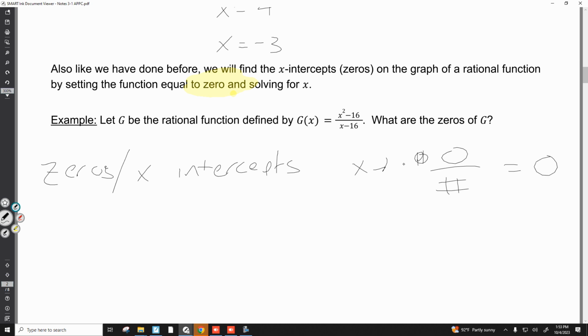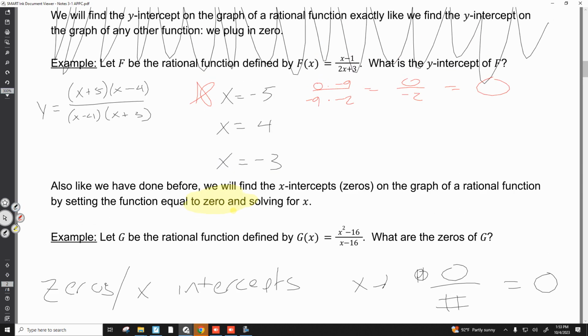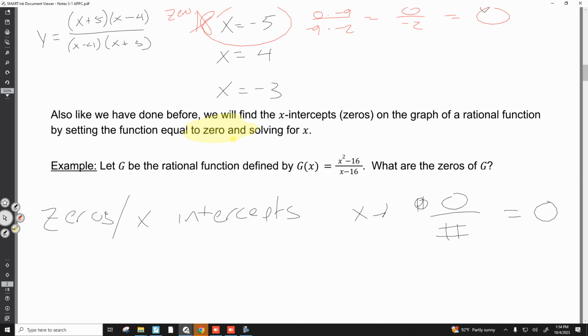That means plug in x, you get y equals 0. That's a location of an x-intercept. Here, x equals -5. Got a 0 over a number. This is my 0 location or my x-intercept. Okay? So, if I said, hey guys, what are the zeros of this function? Whenever you get 0 divided by a number, you get 0.